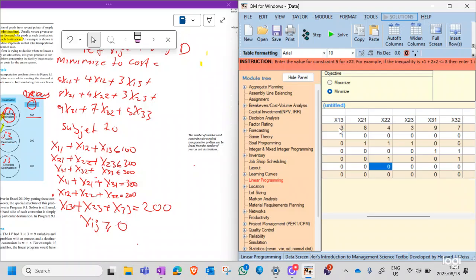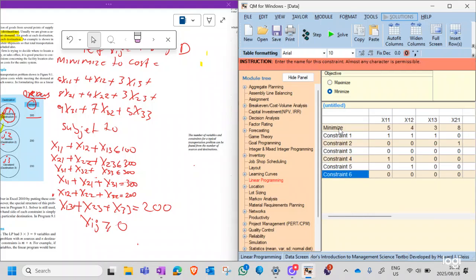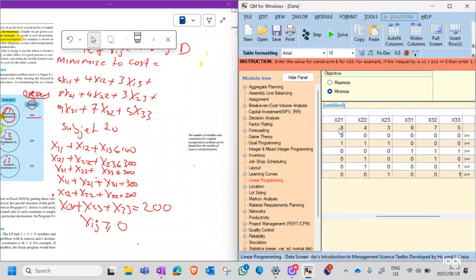Then this one you have x12, 1 2, you have x22, you have x33. Then this one you have x13, then you have x23, and you have x33.